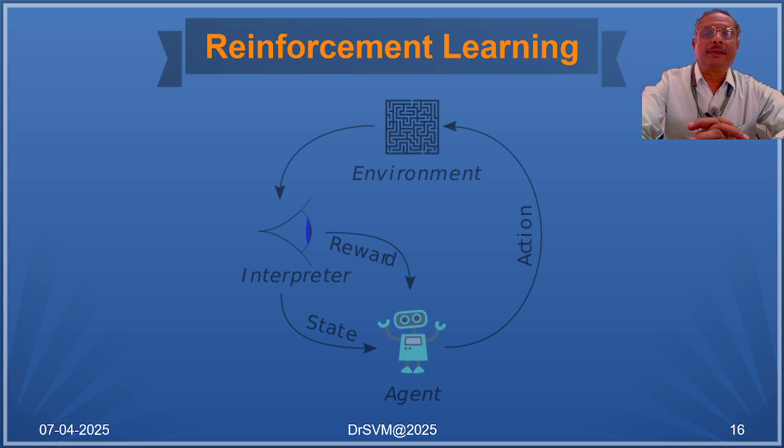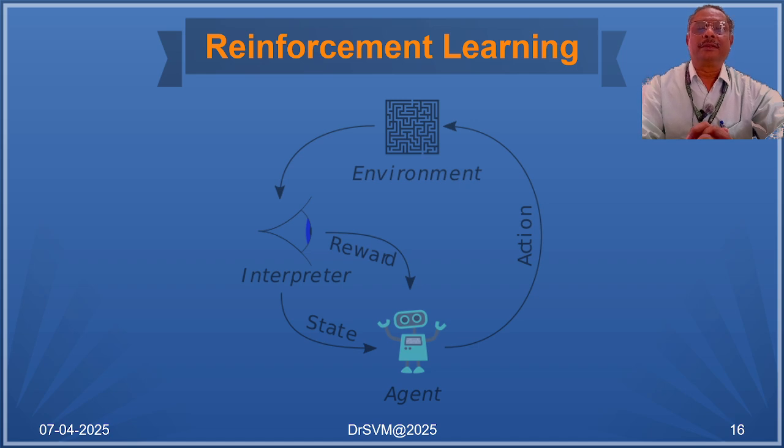The environment is watched by the interpreter, and the appropriate state of the environment is made known to the agent. After knowing the state of the environment, the agent will take some appropriate action which it feels will make the environment change such that the whole system moves towards the goal. But not necessarily does each action make the system move towards the goal.